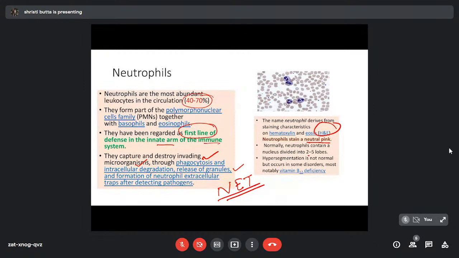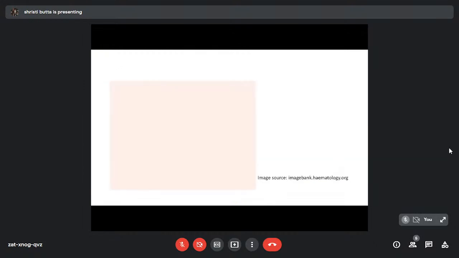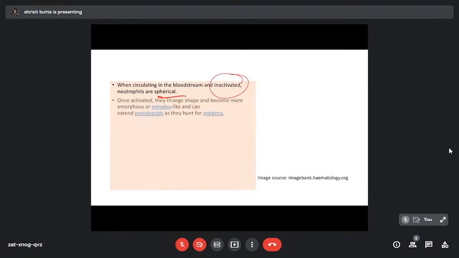It has about 2 to 5 lobes. Now, when circulating in the bloodstream and in the inactivated state, neutrophils are spherical. However, once they are activated, they become amoeba-like and develop pseudopods, which hunt for antigens.